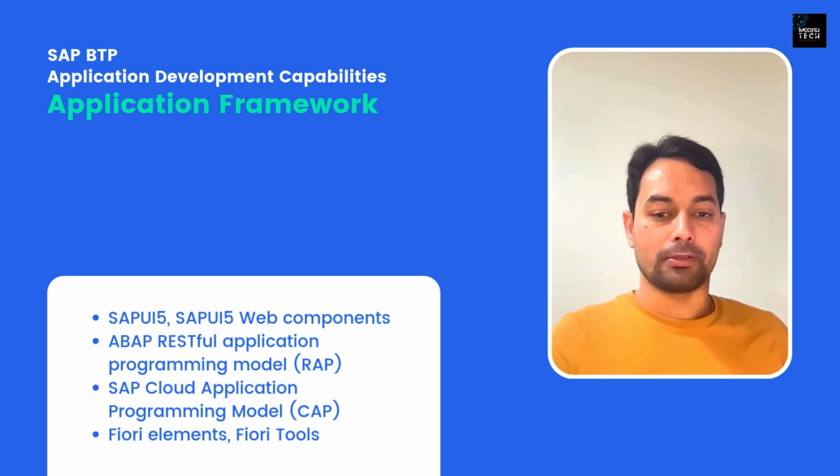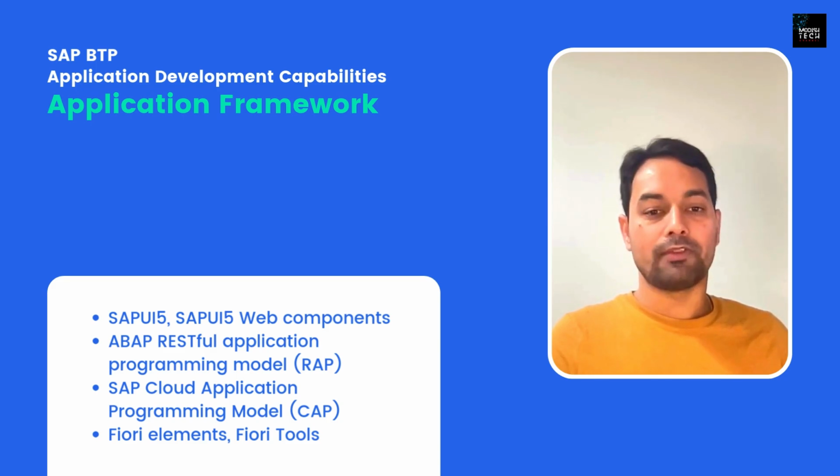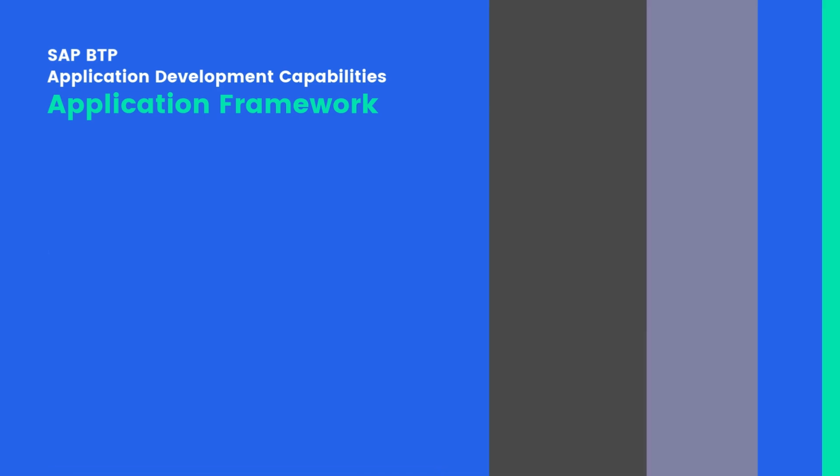Next, you have CAP, the SAP Cloud Application Programming Model, where you can create your applications. It's relatively new, but SAP is probably recommending that the way we develop applications should be CAP. And lastly, you have Fiori elements or Fiori tools, which generate your application based on the annotations of OData services, or you can even do your annotations yourself.